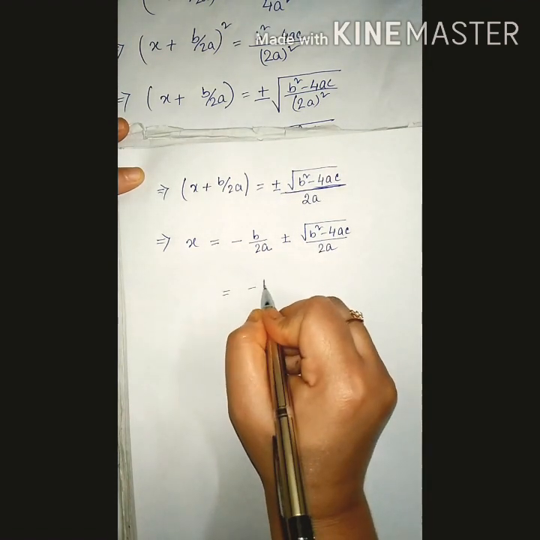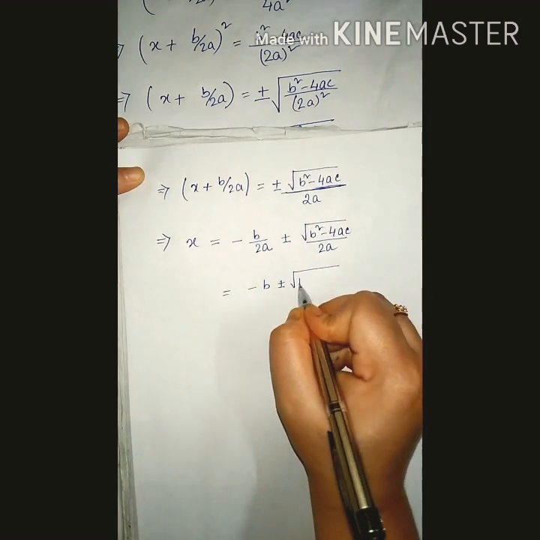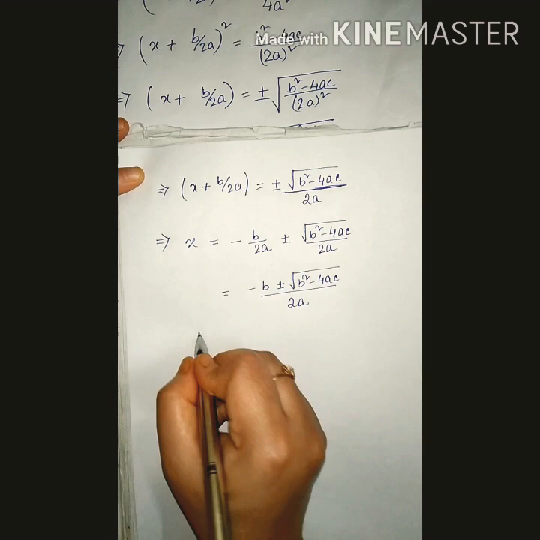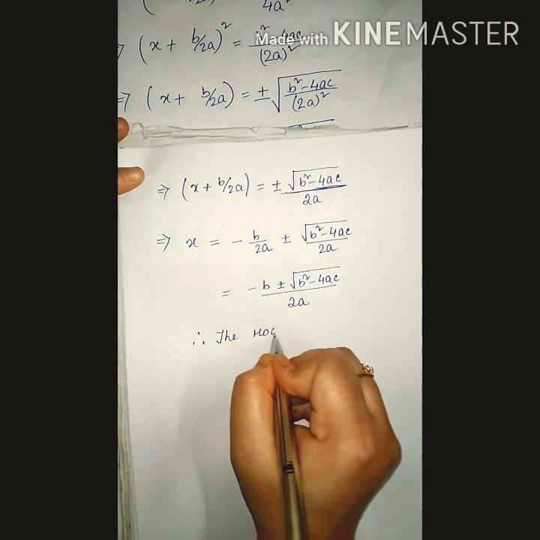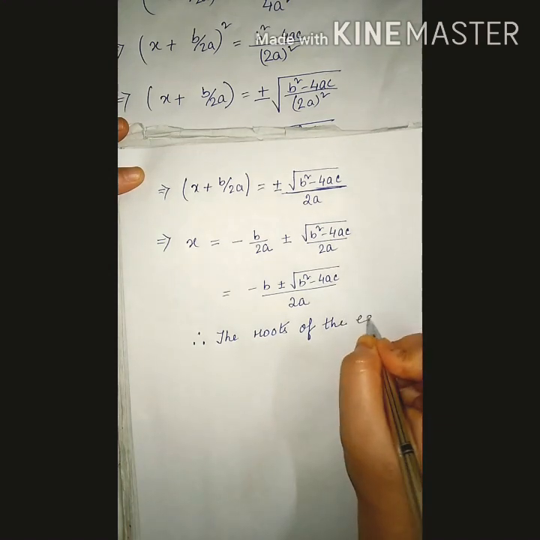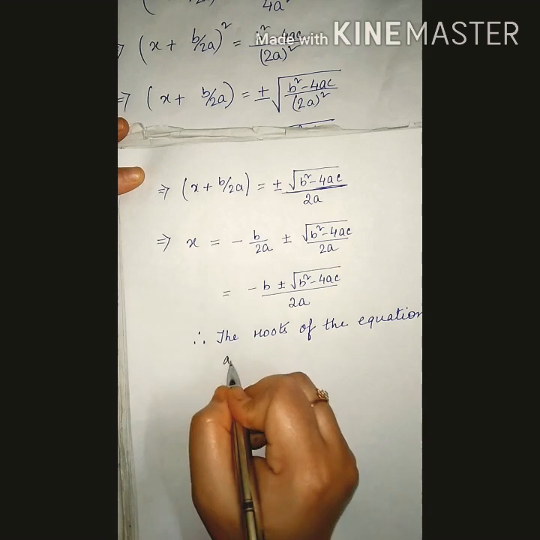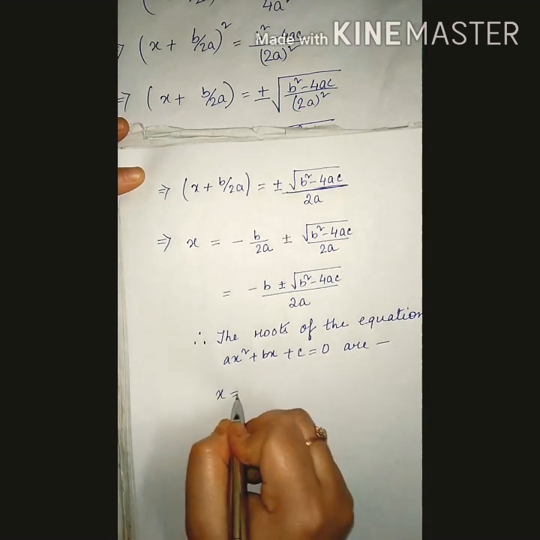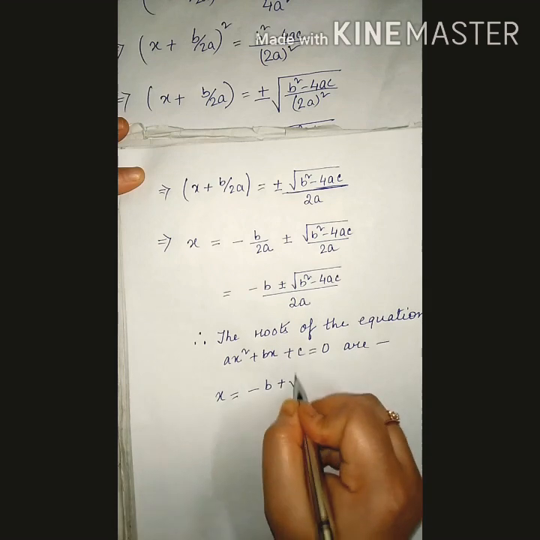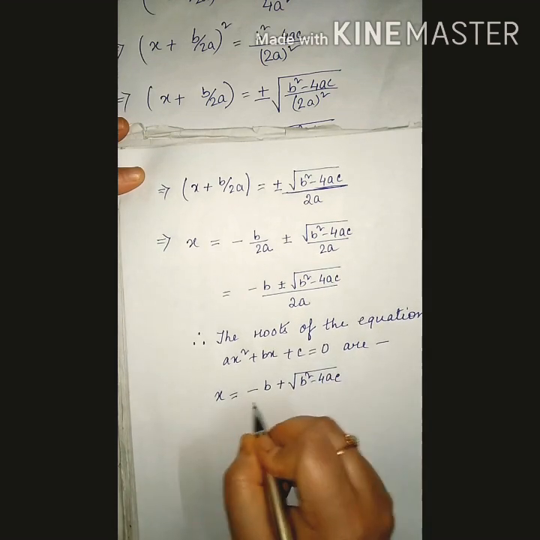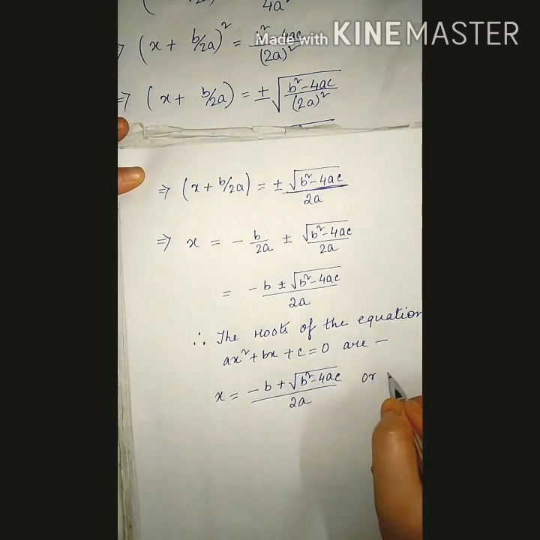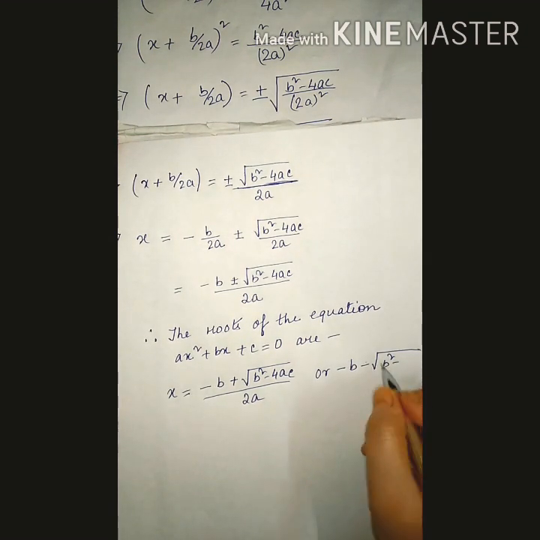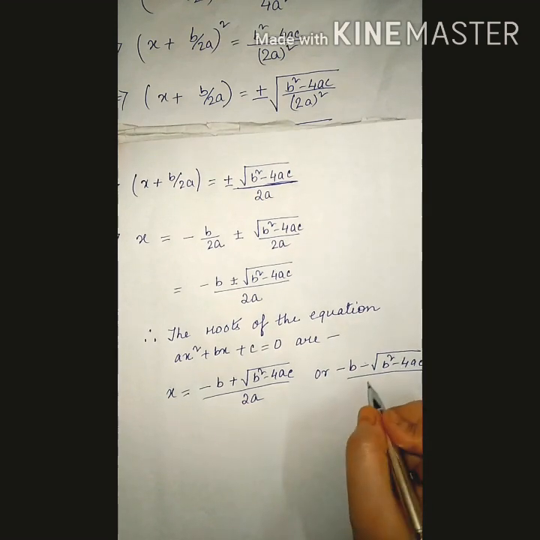Now what you can do, if you take twice a as LCM, therefore the roots of the equation ax square plus bx plus c equal to 0 are x equal to minus b plus root over b square minus 4AC by twice a, or minus b minus root over b square minus 4AC by twice a.